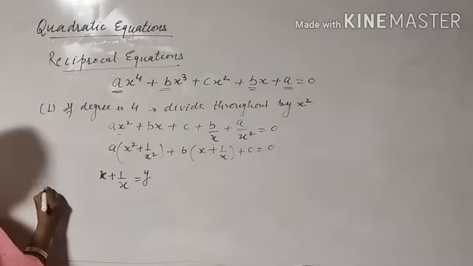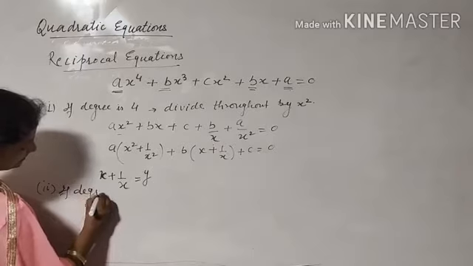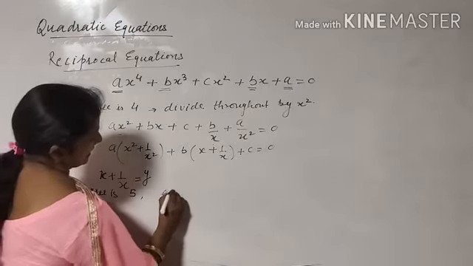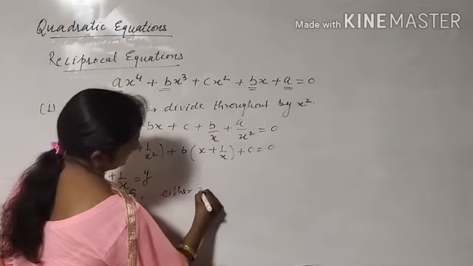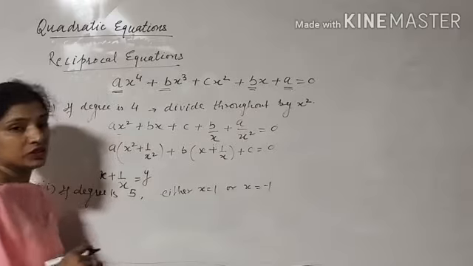If degree is 5, then either x is equal to 1 or x is equal to minus 1 will be a root.